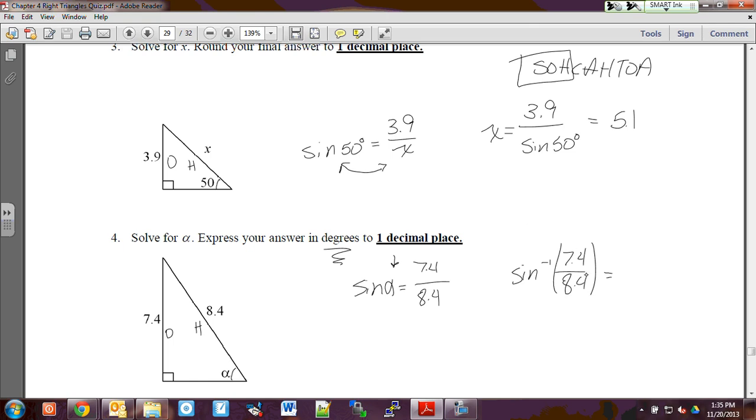So the inverse sine of 7.4 over 8.4 is 61.8 degrees. So again, always double check your mode to make sure you are in the correct mode. All right, moving on.